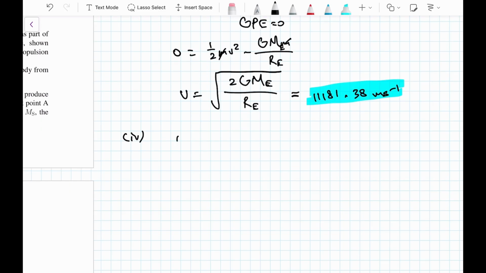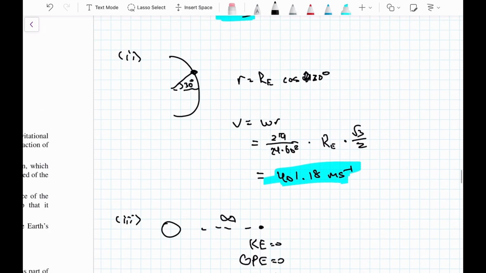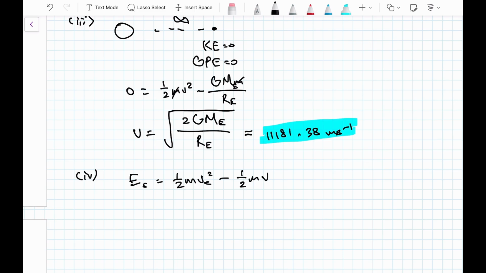For the first part, let's say ES for the space station, it is equal to the kinetic energy required, which is a half mv squared, m v escape speed squared minus the initial speed already given, so a half m v squared, where v is the tangential speed of the space center, v_C squared.